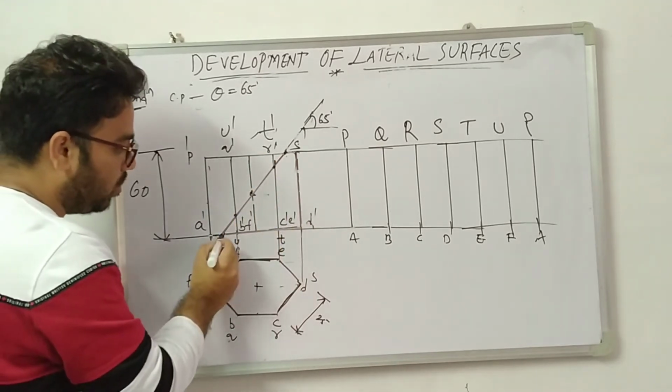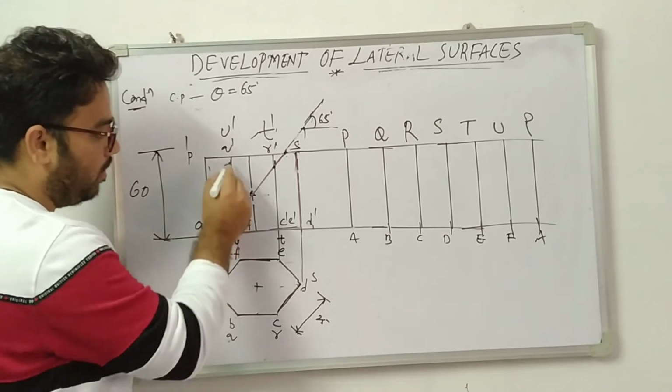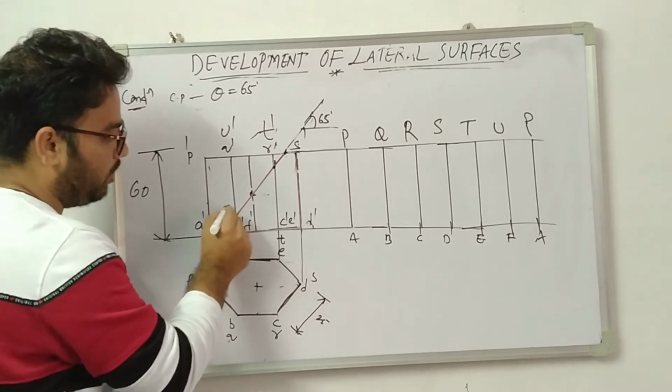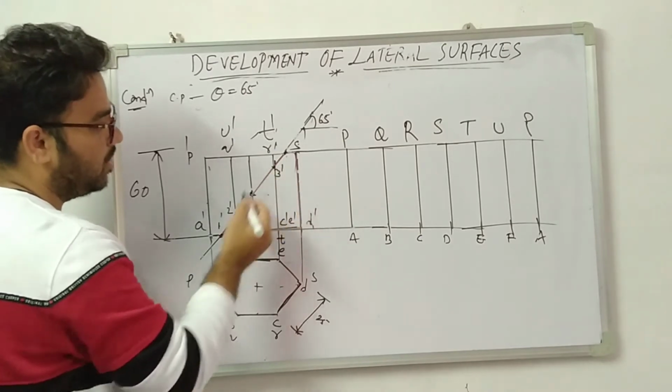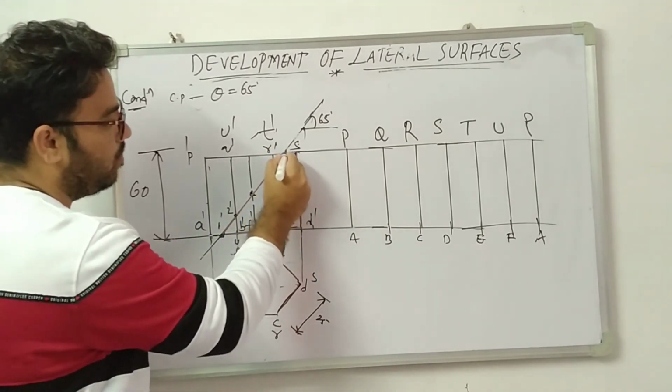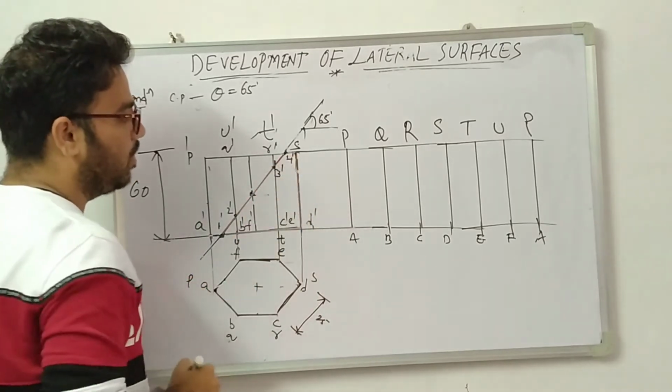So give the first name 1, first cutting point. After this is B, second cutting point, 1 dash, 2 dash, and this is 3 dash, and here we have the fourth cutting point. I am writing here 4 dash.